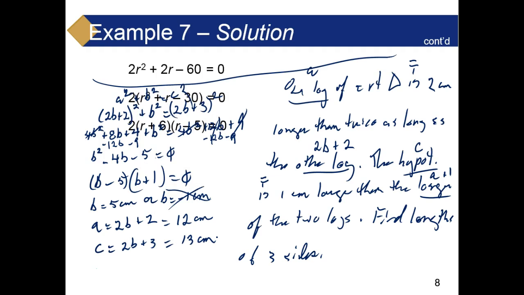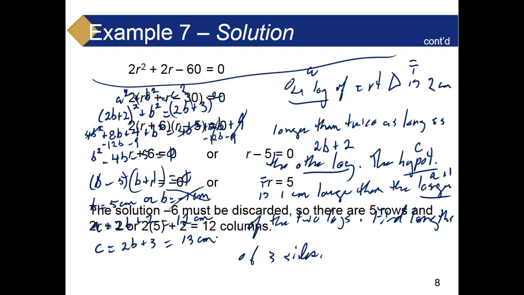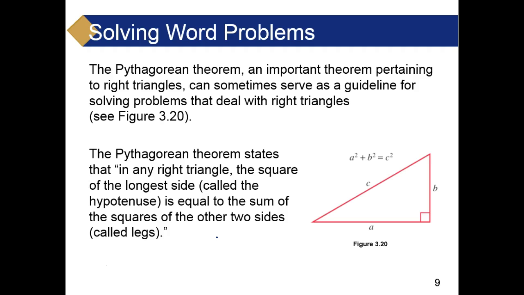All right, this is example 7. And they got in their book, 3, 4, 5, 12, and 13 centimeters. That's the last slide in 3.7. There's a conceptual quiz here, true, false. Don't expect many of these on the test, but think through this.